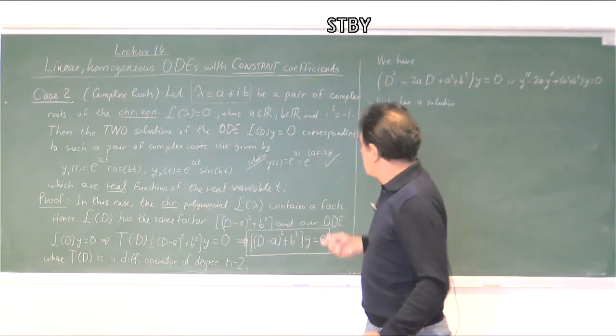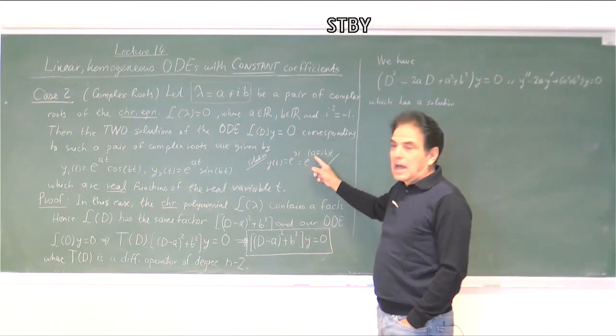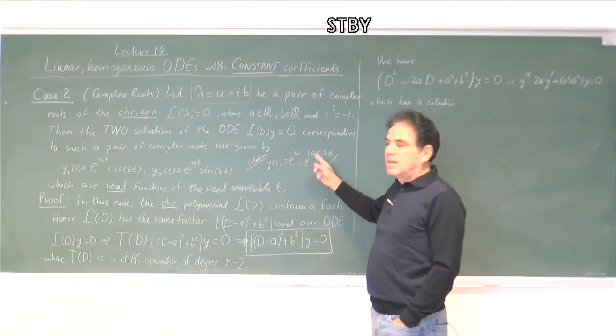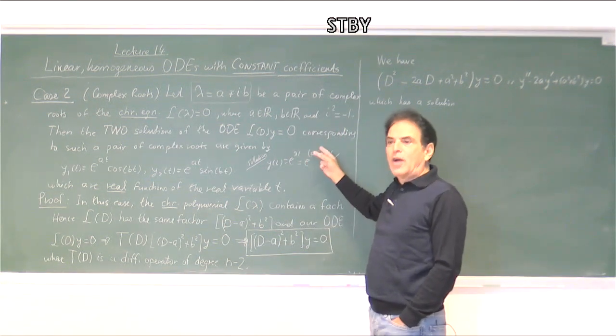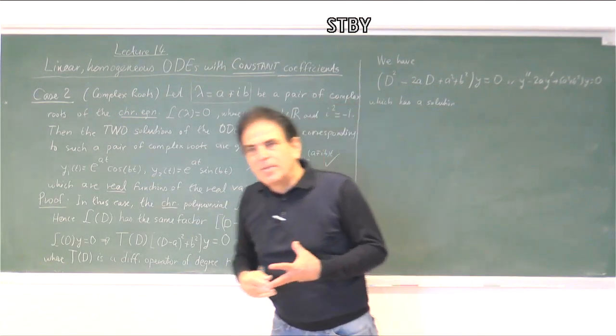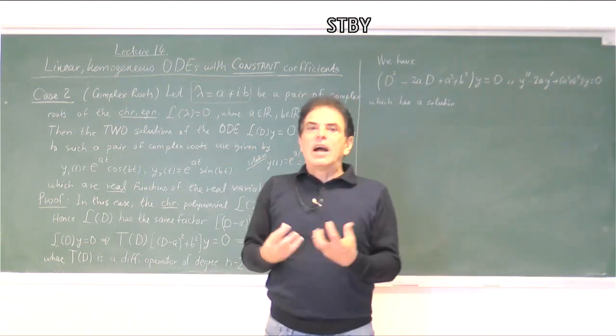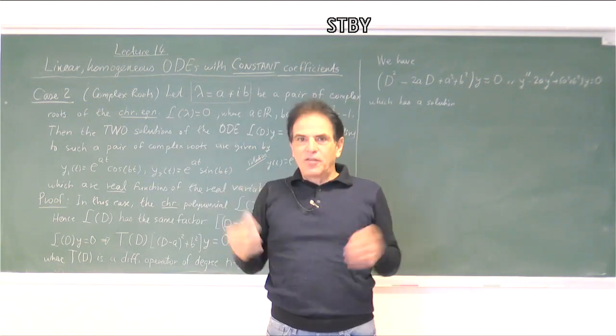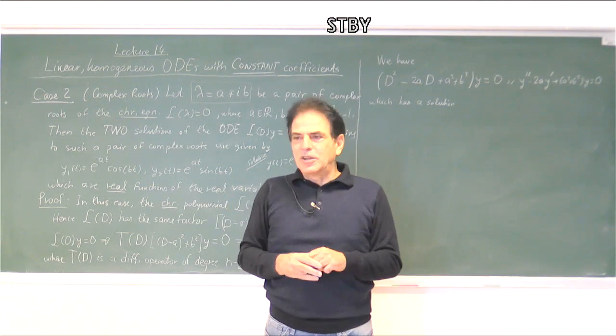The problem is that, as you see with lambda complex, we get a complex valued function of the real variable t. But our objective in this lecture is to find real valued solutions for our differential equations under consideration.